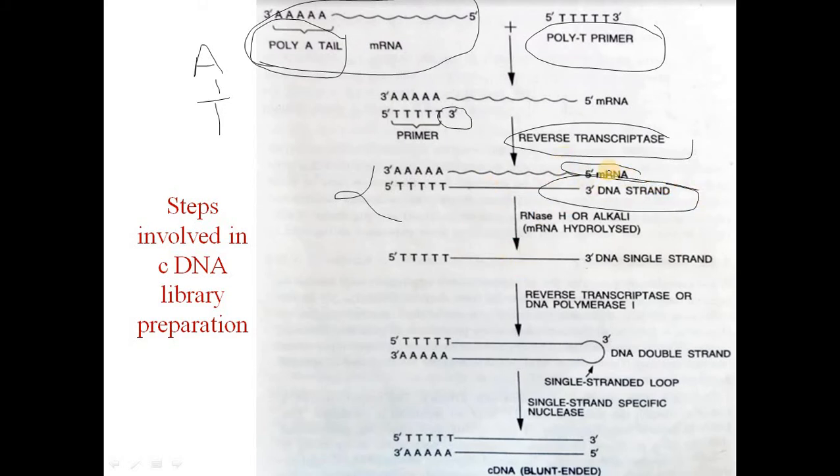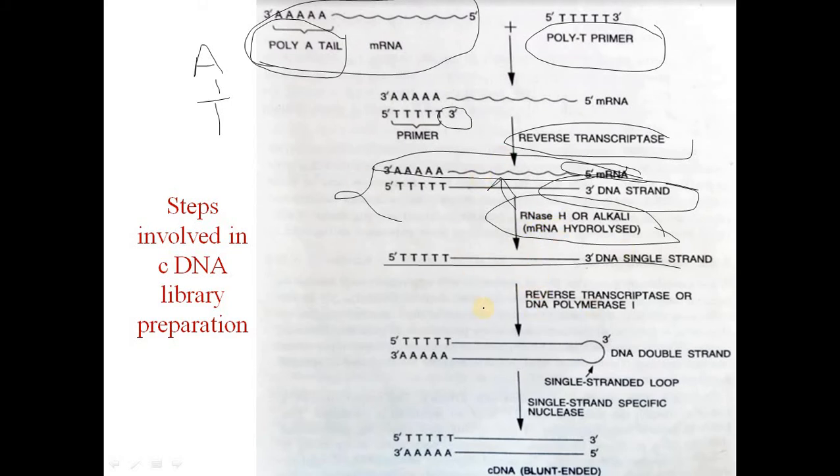Afterwards we have to remove this RNA strand. So with the help of RNase H or alkali, the mRNA is hydrolyzed, or removed. Now we have a single stranded DNA strand, also called single stranded cDNA. But in this step, for preparation of double stranded DNA, there is no need of a primer.